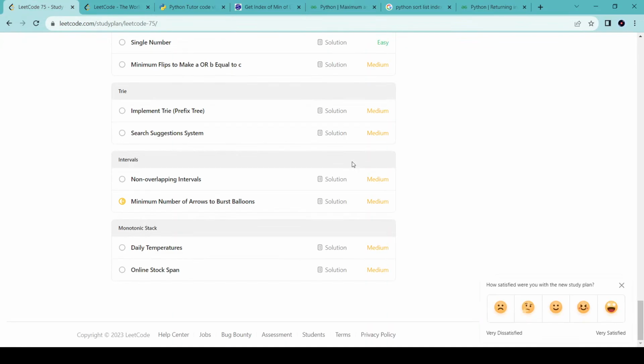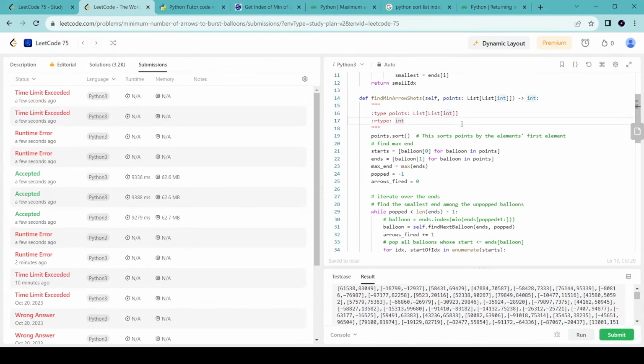Okay, so here's my plan. We're not going to search for the next smallest balloon every single time. This is clearly not a good way of doing it.